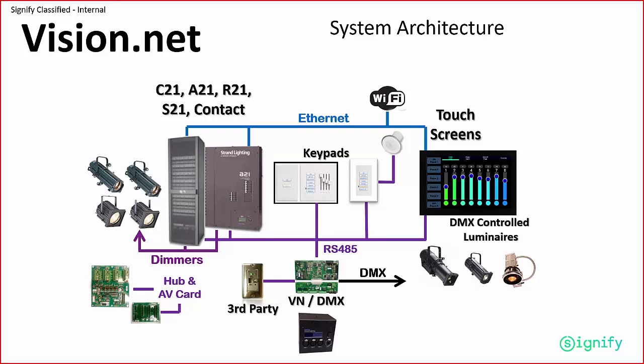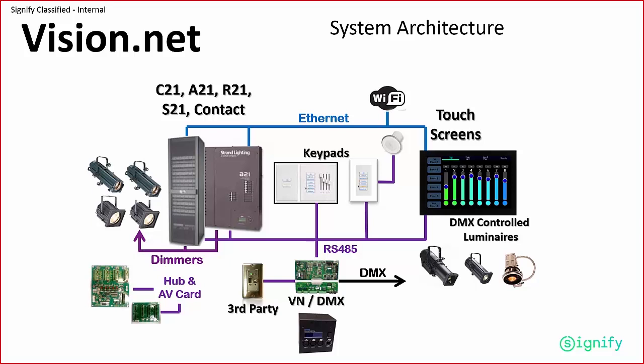There's no content that's stored on that button station. The content is actually stored directly in the rack. So whether it's contact rack, S21, R21, A21, or C21, EC21, the preset that it is triggering is stored in the rack. So that's always been pretty simple with dimmers.